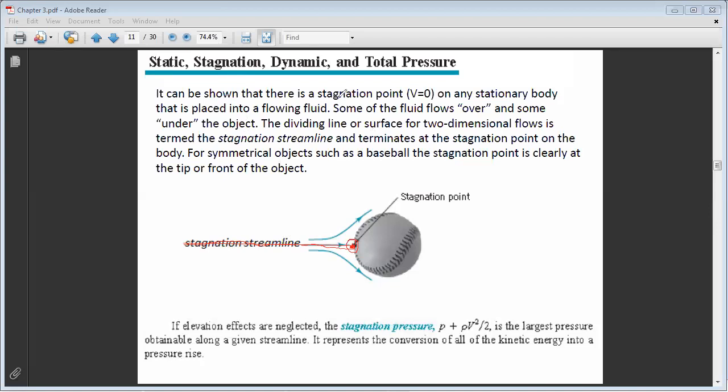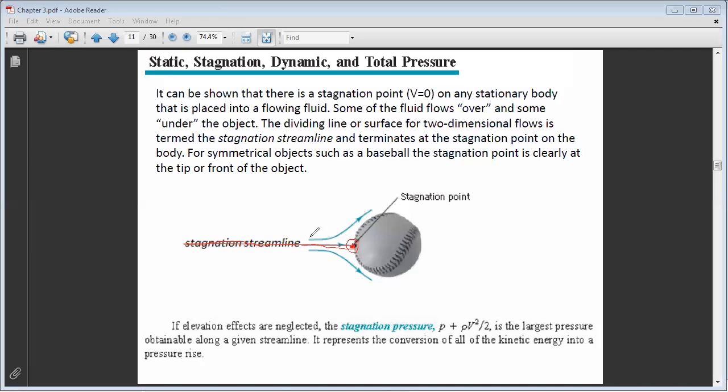So it can be shown that there is a stagnation point on any stationary body that is placed into a flowing fluid. Why? Because whenever you have fluid motion around a body, at a certain point where the fluid and the body are in contact, you will have a velocity of 0.